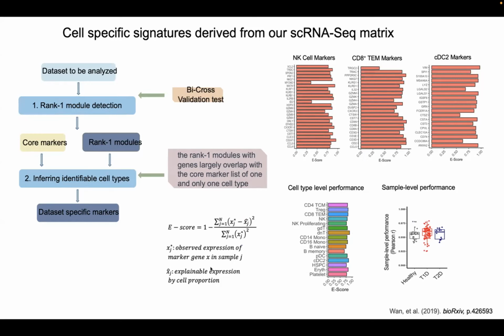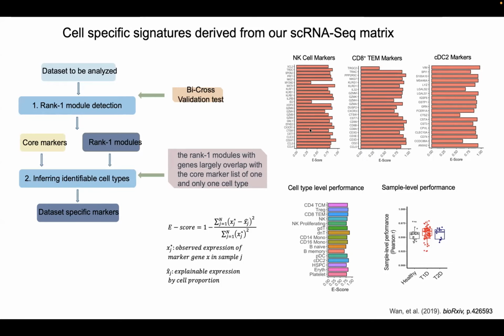We utilize the e-score formula to evaluate the deconvolution. Generally, it evaluates how much of the gene expression is explained by the cell proportion change. Here are some examples of the markers derived so far, for NK cells, CD8 T cells and dendritic cells.